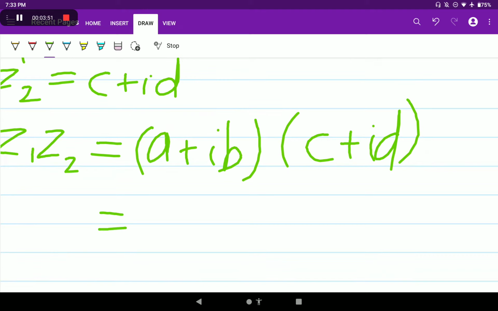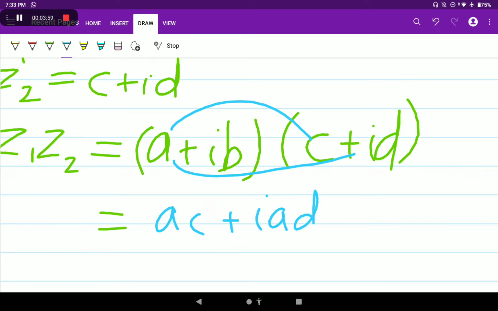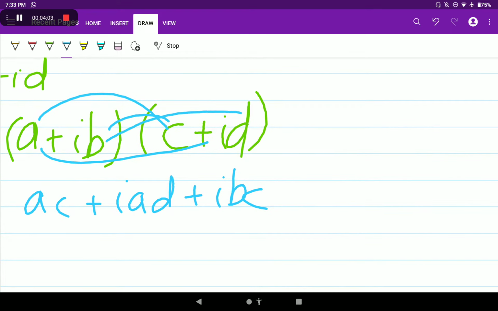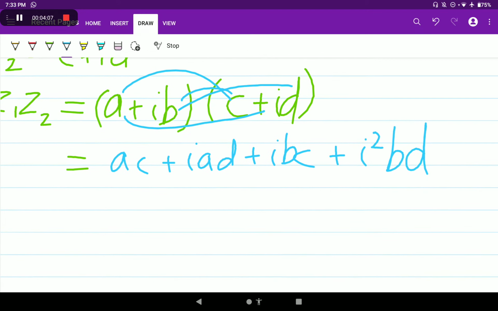So multiply: ac plus iota ad plus iota bc plus iota square bd. Now have you watched my previous video, part 1? So you might be known to this. Iota square is nothing but minus 1.